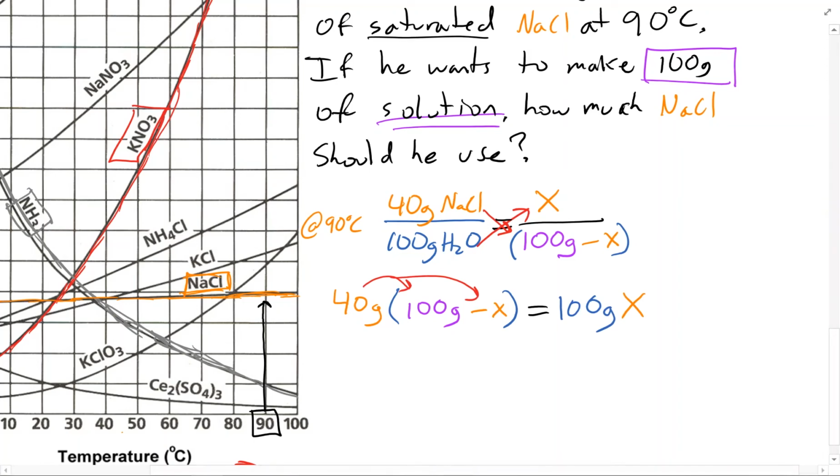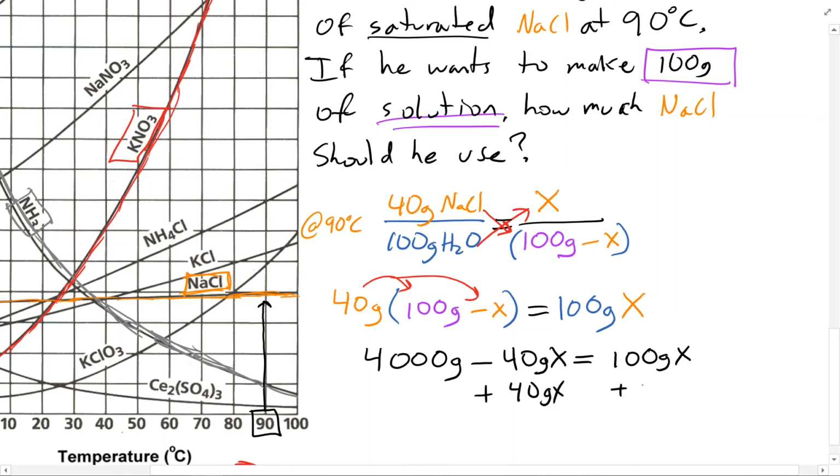And I'm just going to change colors to make it simple for us. So what would be 40 times 100? We would get 4,000 grams minus 40 grams X is equal to 100 grams X. Now we can combine like terms by adding the 40 grams X on both sides.